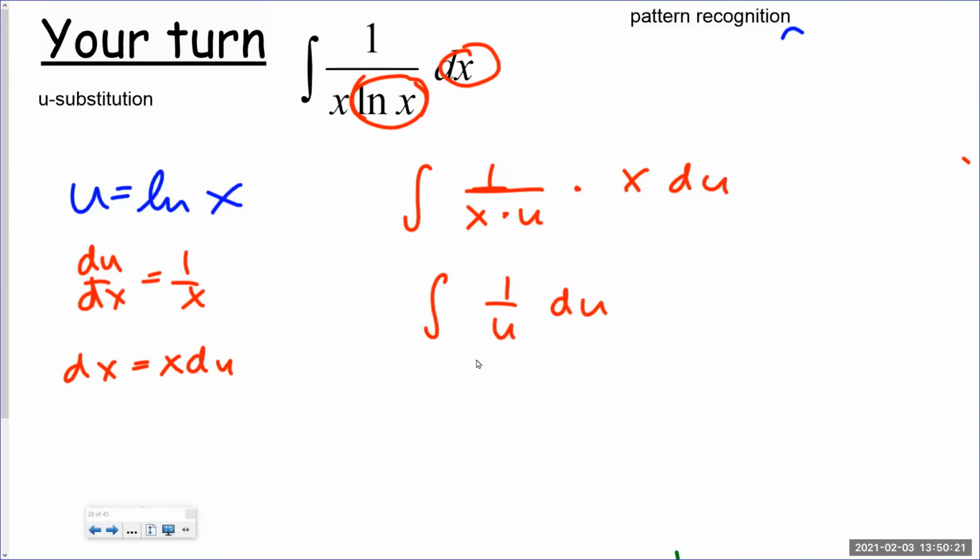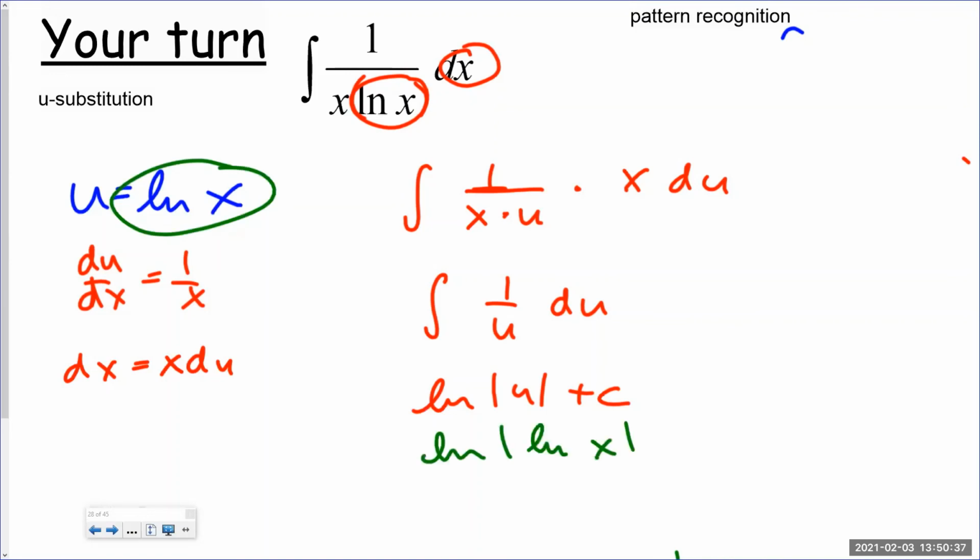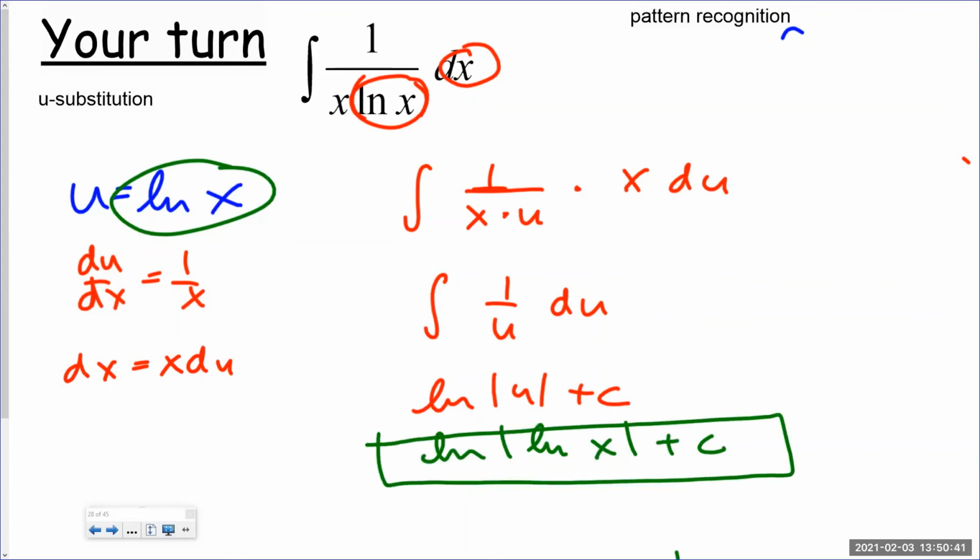Is this an easy antiderivative or something on my formula sheet? Isn't this ln of u plus C? But guys, what's my u in this problem? What's my u? So look at what this answer is. You have to squeeze that u in. And so my answer is the ln of ln of x plus C.